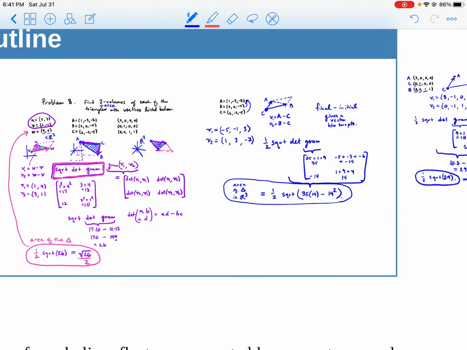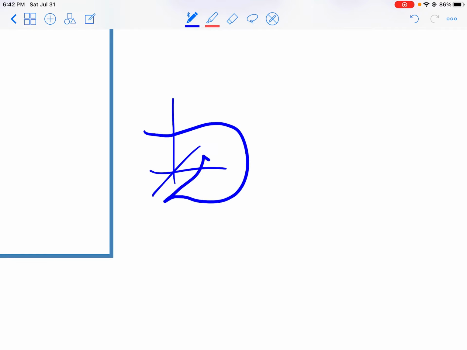We're going to need this because later, when we're integrating over surfaces, let's say we have some curvy surface in space, or higher dimensions, or wherever it is, and we want to integrate over it.